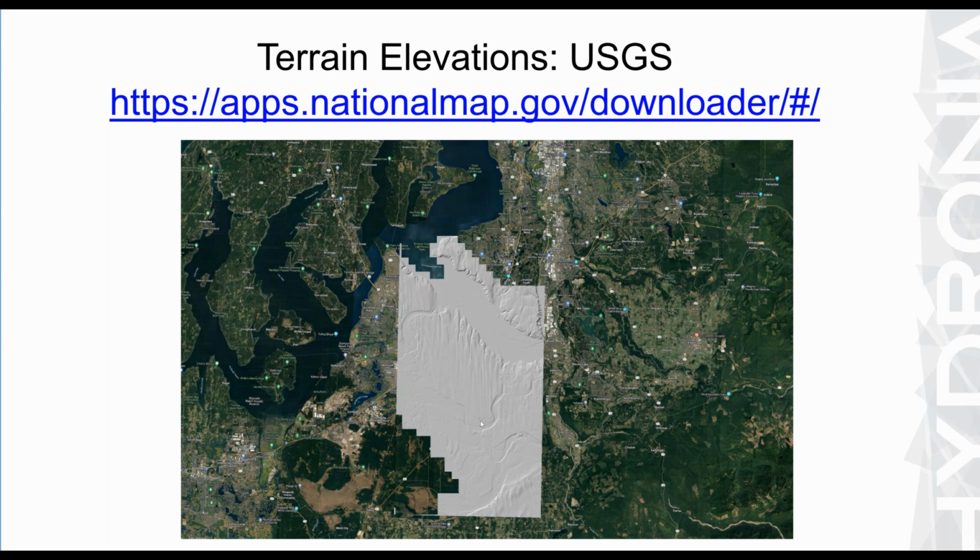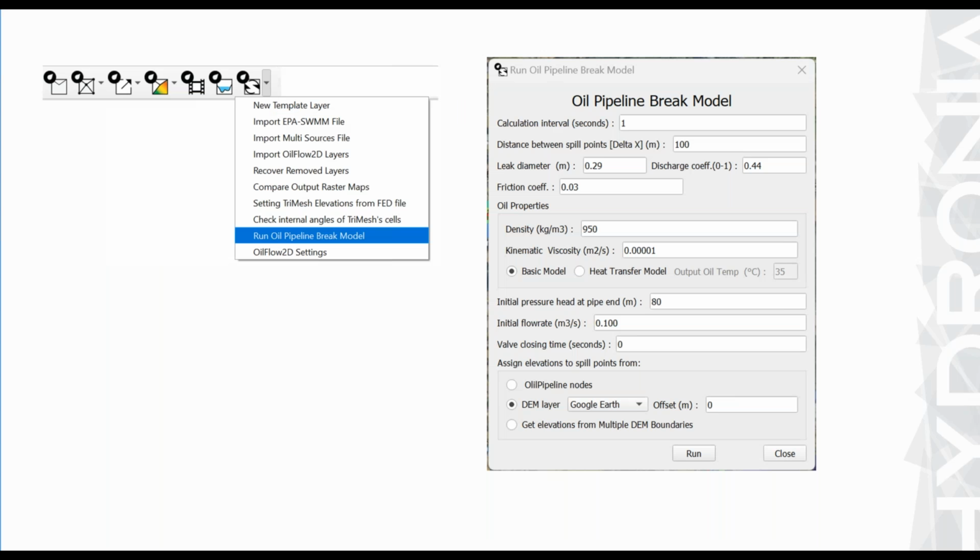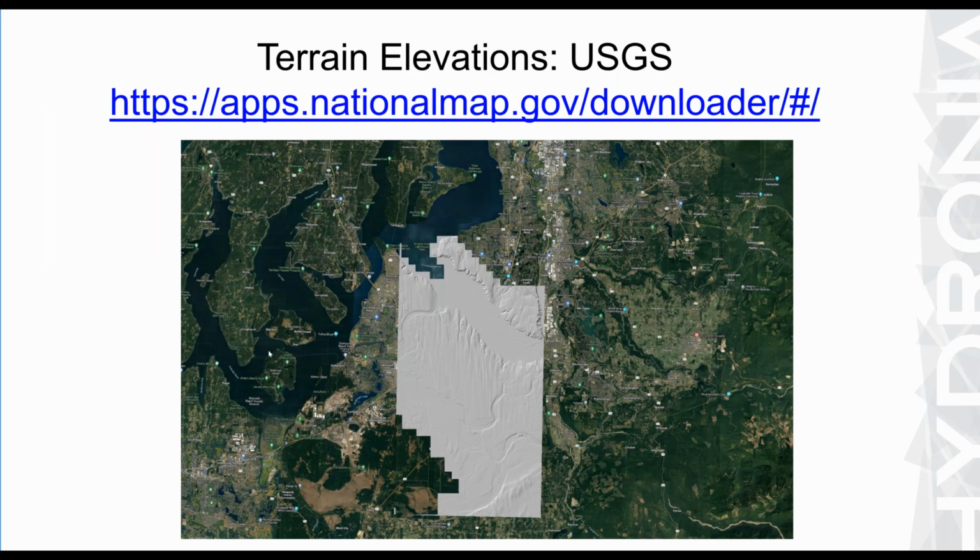So this is the terrain that I entered. It's a high resolution terrain, about 1 meter resolution. And then I entered the pipeline. Well, I will show it to you later because I have the QGIS project open, but the pipeline runs around this area.